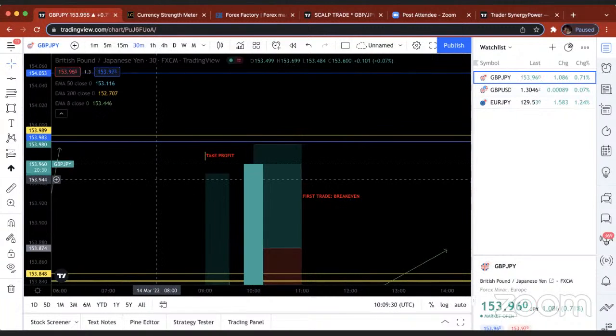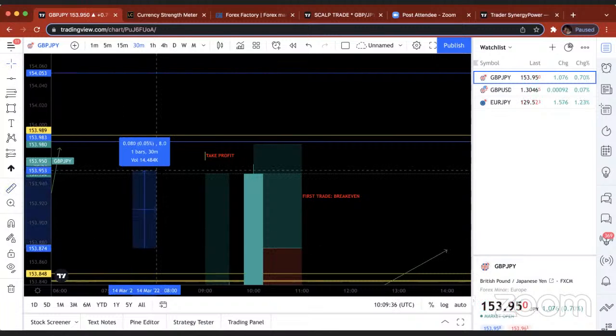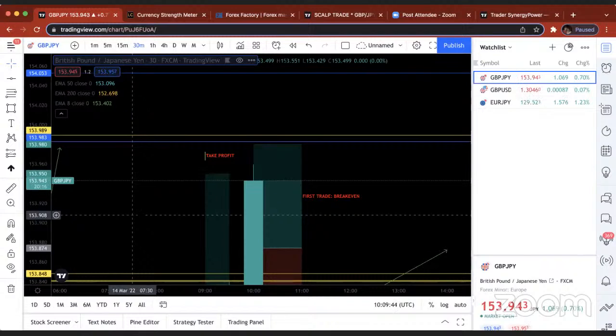All right, get ready to move your stop loss to break even. All right, move it right now. Stop loss to your break even right now. Stop loss at your break even right now, you guys.